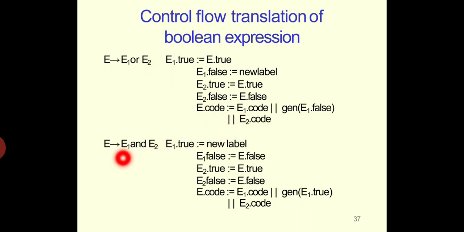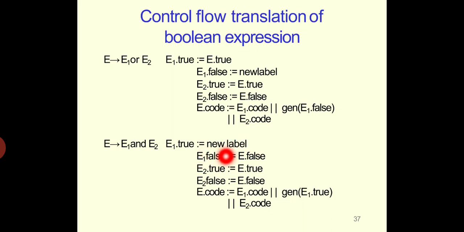Then similarly, E is E1 and E2. If E1 is 0, the expression will always be 0. The entire expression will have a false value if E1 is 0. So here E1 dot true is equal to new label, E1 dot false equal to E dot false, E2 dot true.